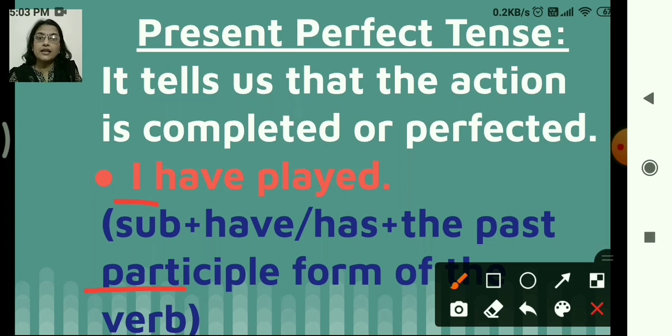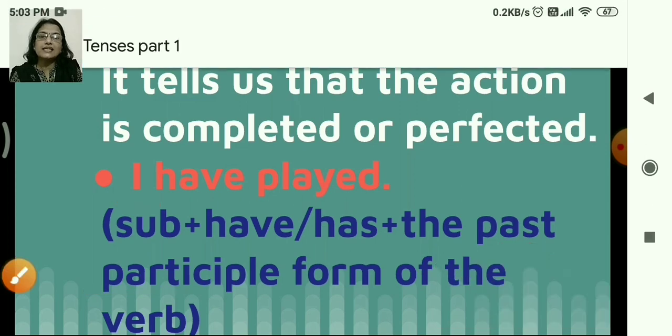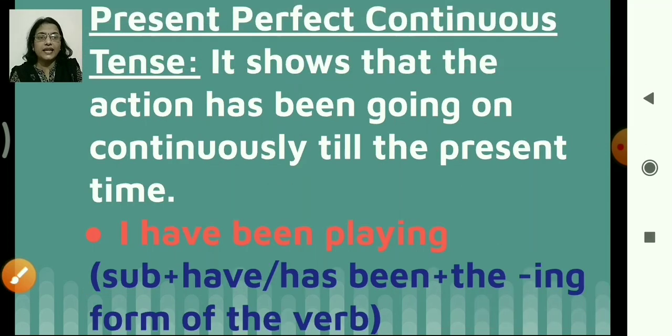Play is the base word, so the past participle of play is played. Ed is added there. So you have the sentence: I have played.